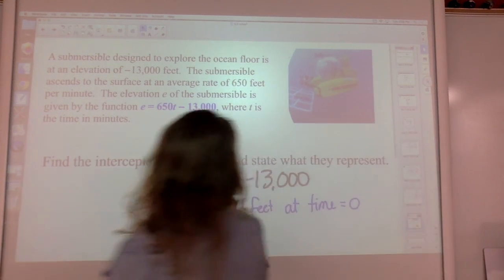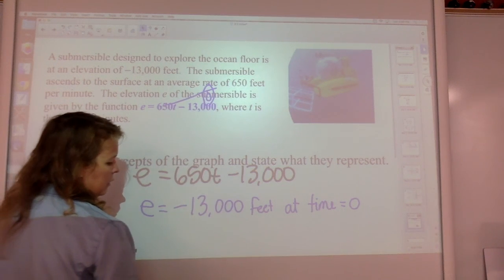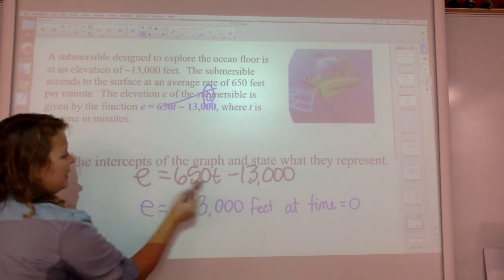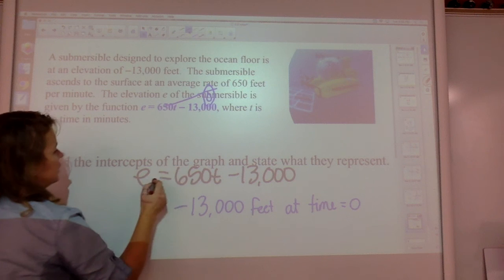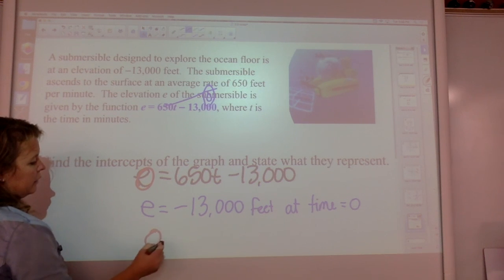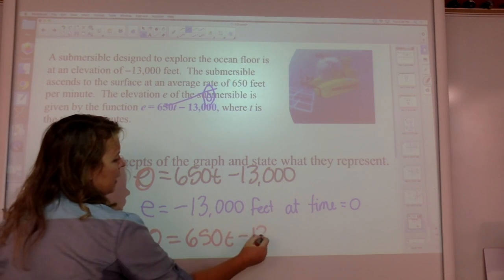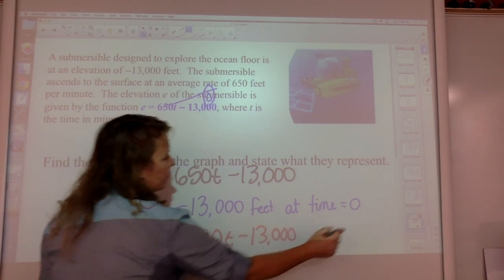Let's do it the other way. I wanted to get rid of this. Find the intercept of t. We've got t. What if we turn the E into a 0? Okay, now we have to be careful because we have to actually solve this. 0 equals 650t minus 13,000.